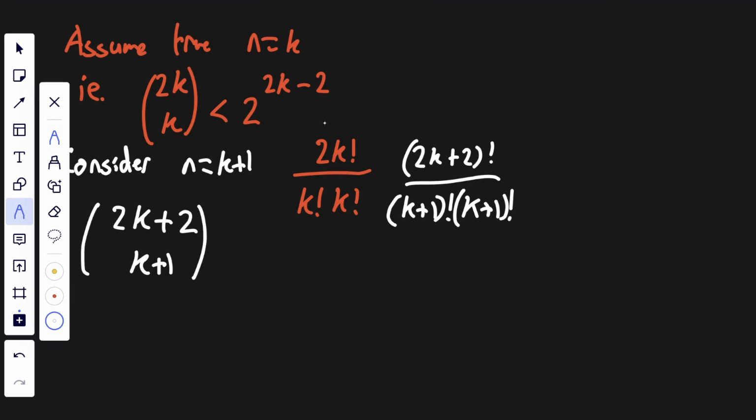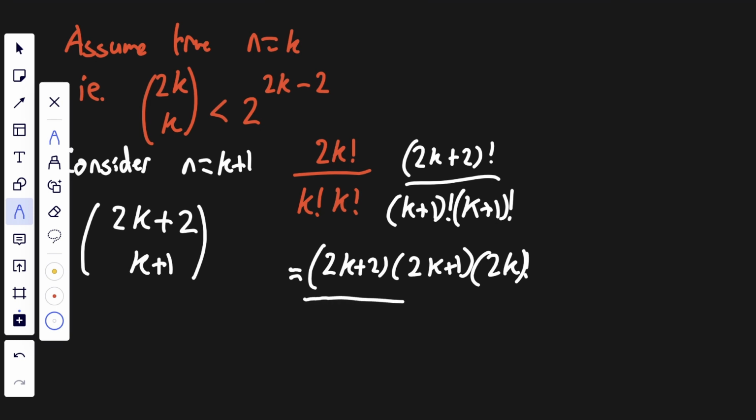So I want to try to involve the red function in this white one. On the top, I want a 2k factorial, so I'm going to take out 2k plus 2 and 2k plus 1, and that's going to leave us with a 2k factorial. On the bottom, I'm going to take out a k plus 1 from the first k plus 1 factorial, and a k plus 1 from the second k plus 1 factorial, so k plus 1 squared.